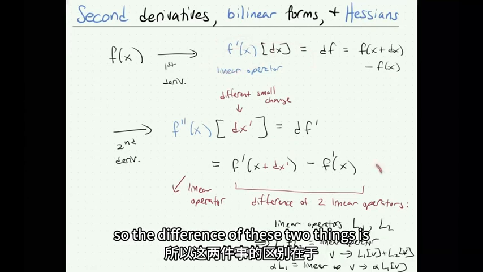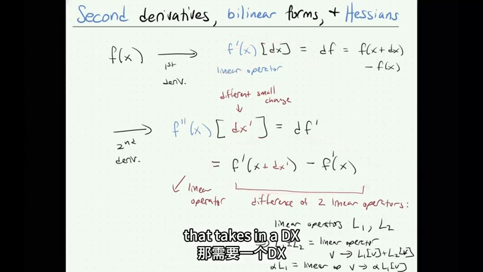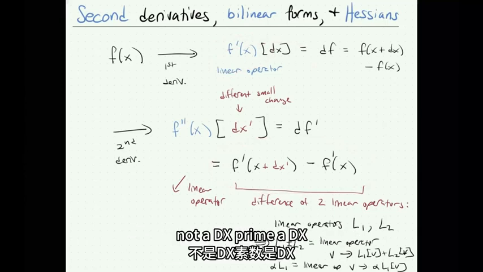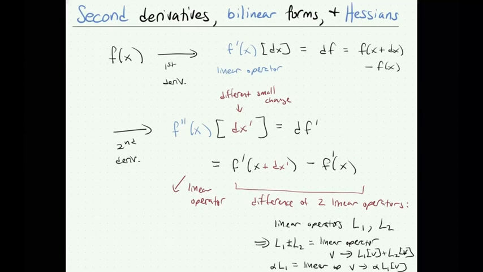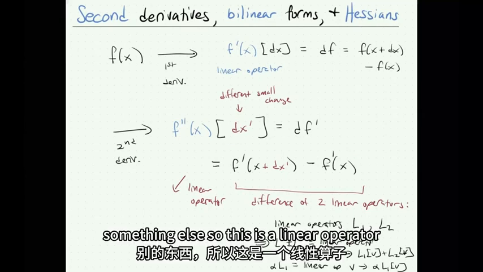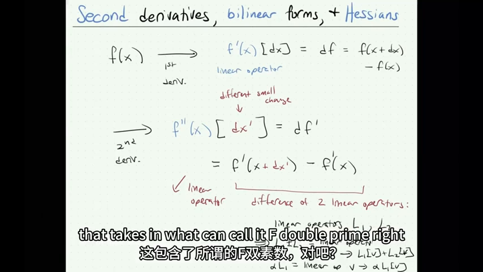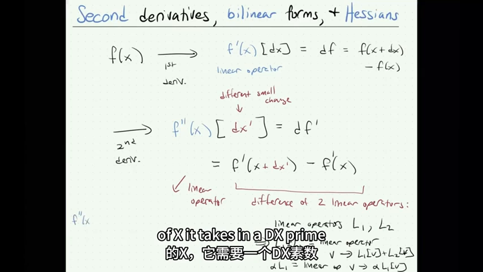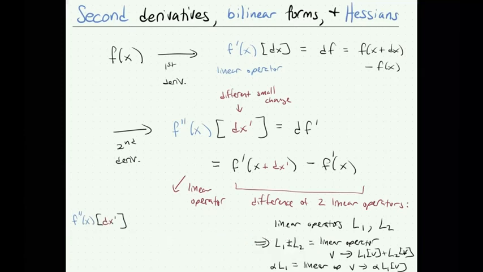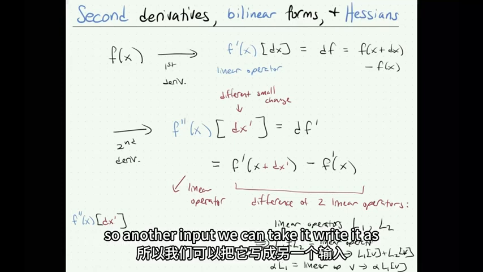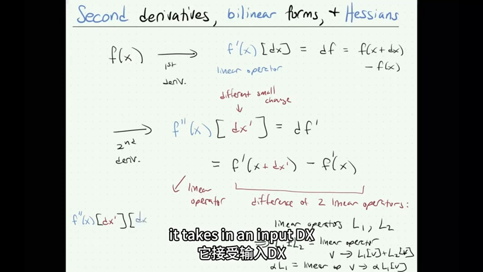So the difference of these two things is a linear operator that takes in a dx, not a dx prime, a dx, and gives you something else. So this is a linear operator that we can call f double prime of x. It takes in a dx prime, and it takes in another input, we can write it as an input dx.